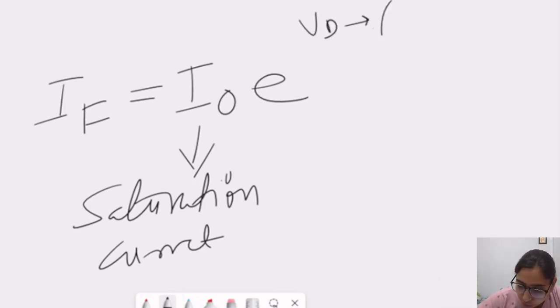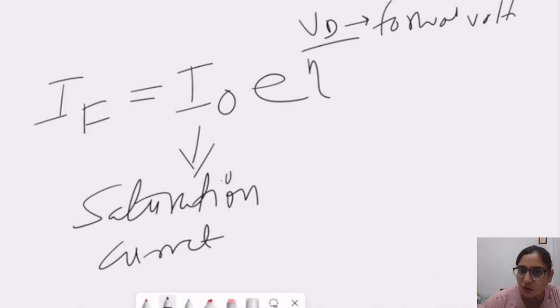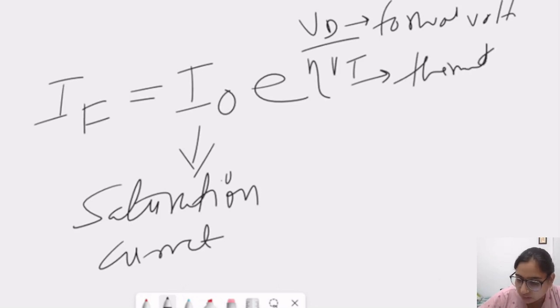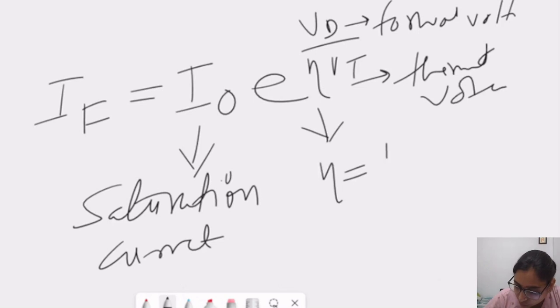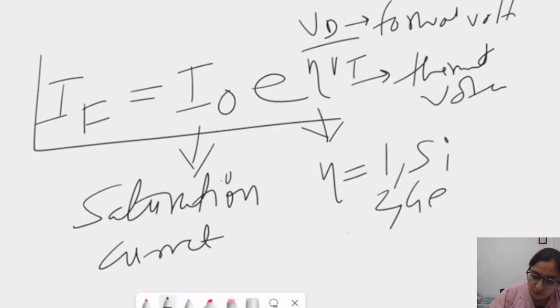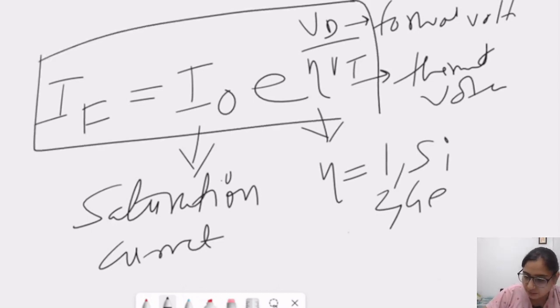Vd is our forward voltage which we apply, upon the efficiency factor or utility factor times Vt. Vt is our thermal voltage, and this utility factor is 1 for silicon and 2 for germanium. So this is the equation of forward current in practical PN junction diodes.